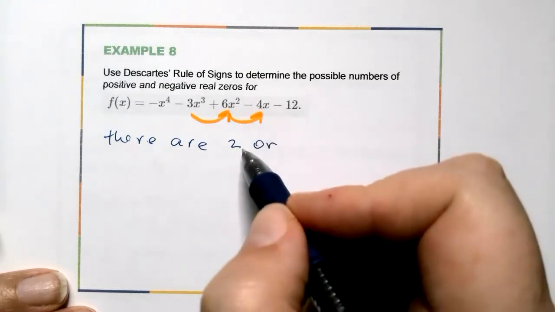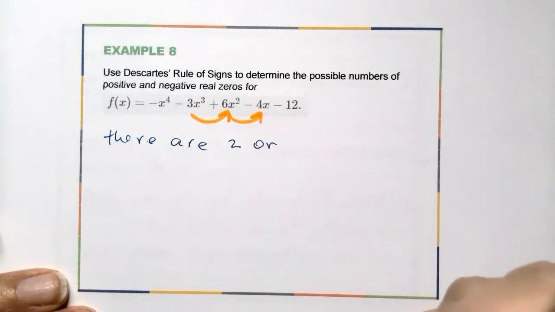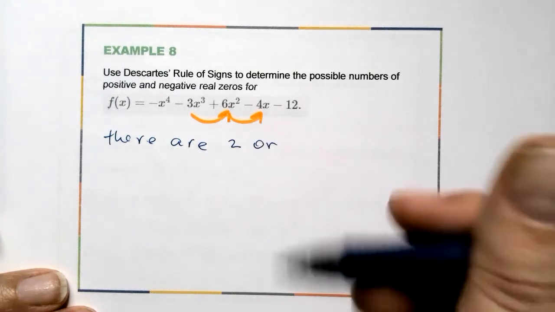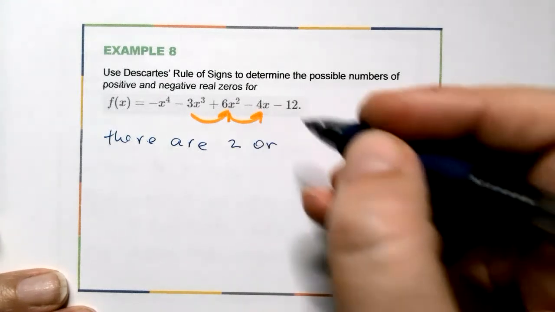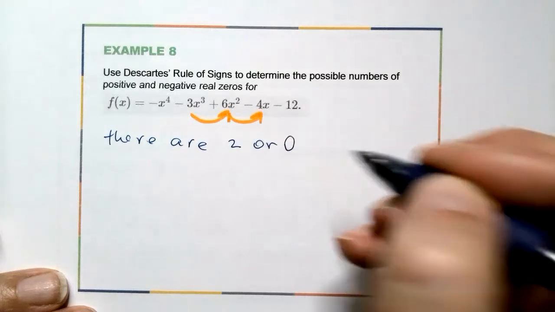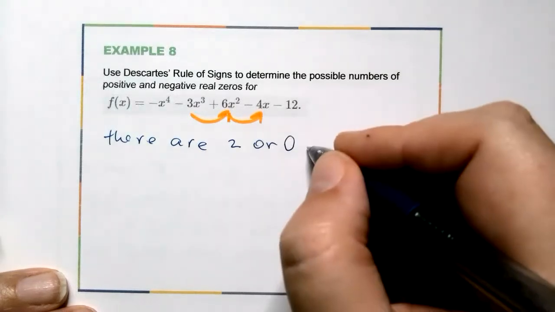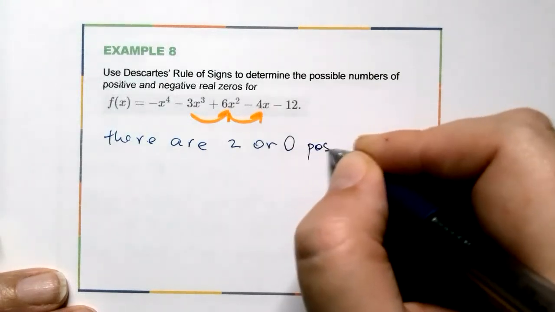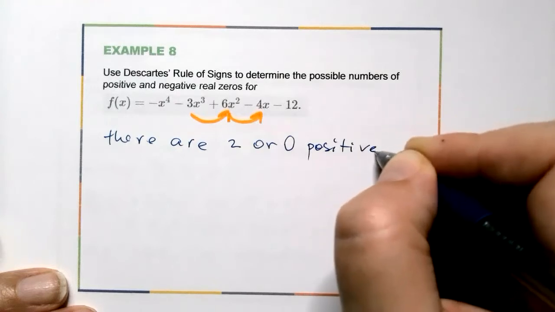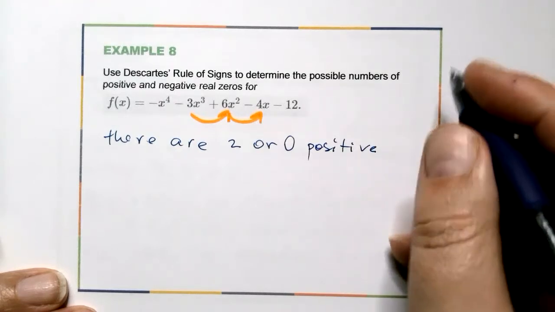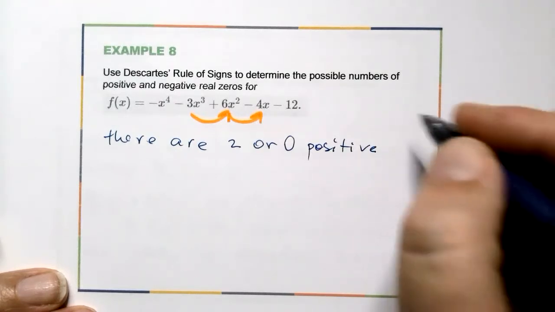So it's 2, or the smallest even integer is 2. So subtract 2 from 2, that's 0. So it's either 2 or 0 positive real zeros.